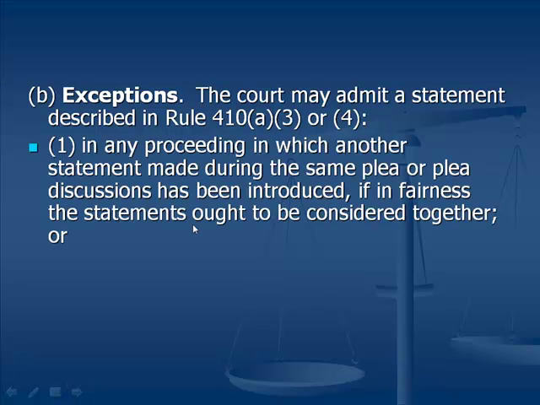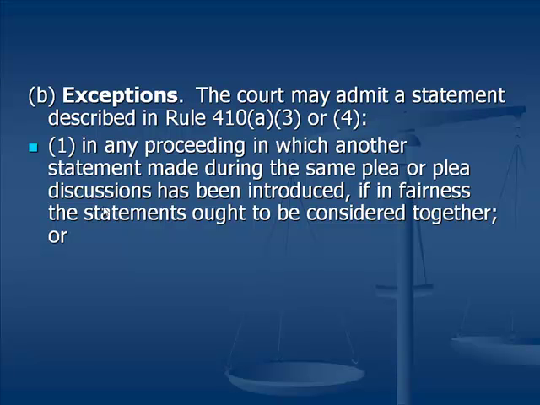So first, in a proceeding in which another statement made during the plea discussions has been introduced, then one may come in under this exception if, in fairness, they ought to be considered together. So this means that a statement is introduced and doesn't violate the rule. For example, maybe it's offered against the prosecutor, and the court finds that way.